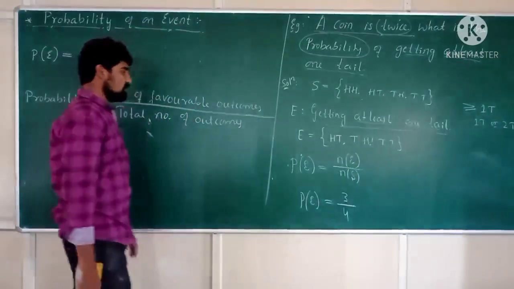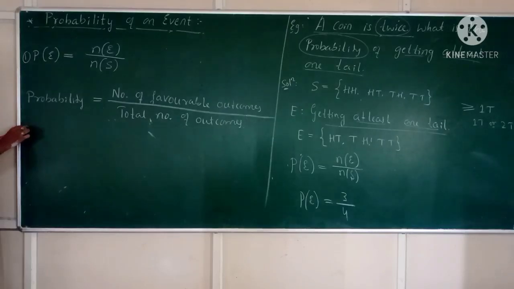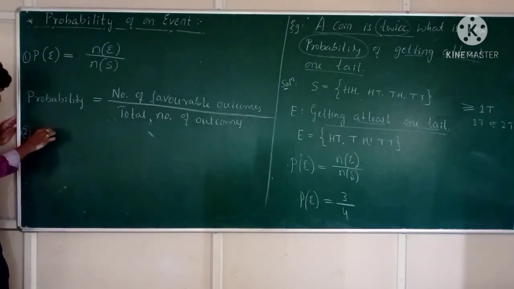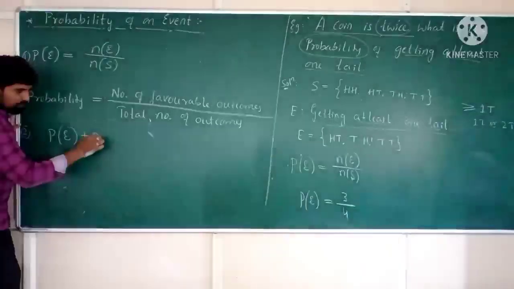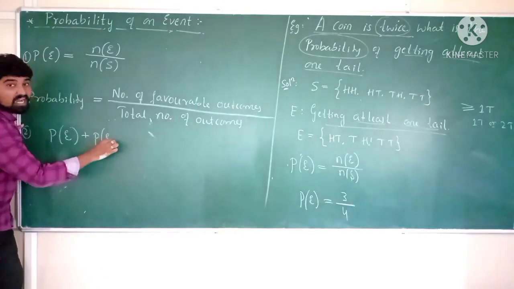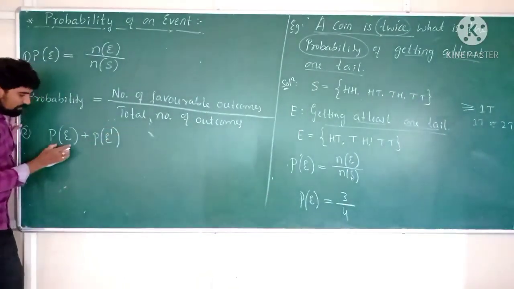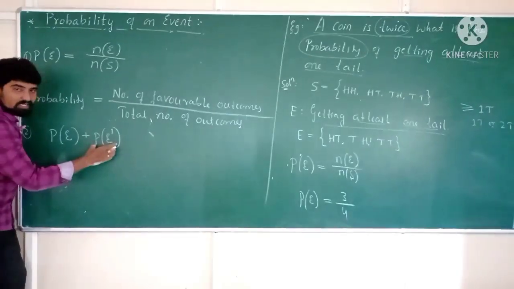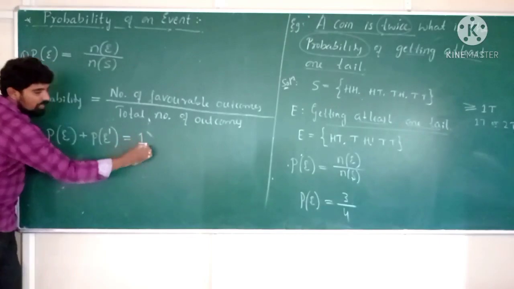Still there exist some more formulas. This is the first formula, and the second one is the probability of the event E plus the probability of the event not E. Not E is nothing but E complement. If I add the probability of event E and the probability of not E, which gives 1.